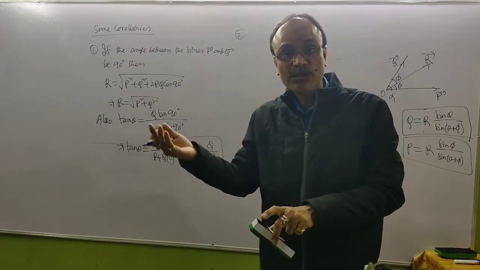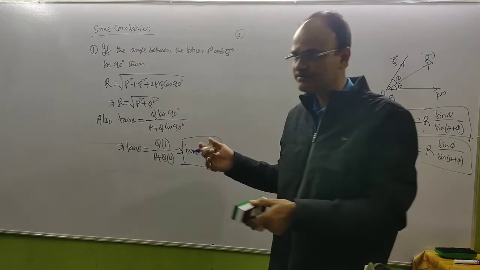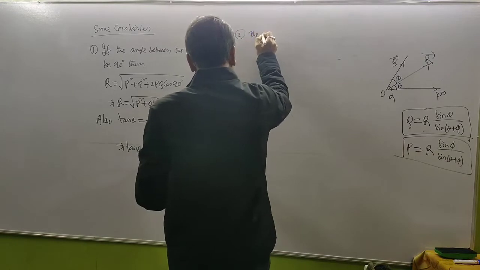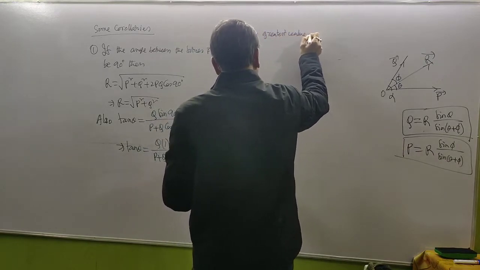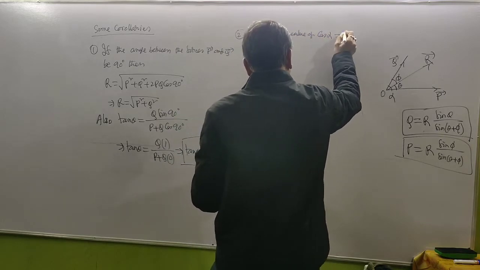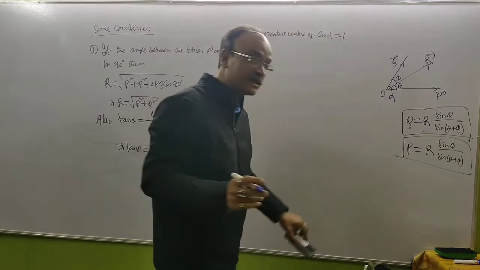Corollary number 2. The greatest value of cos alpha is equal to 1.